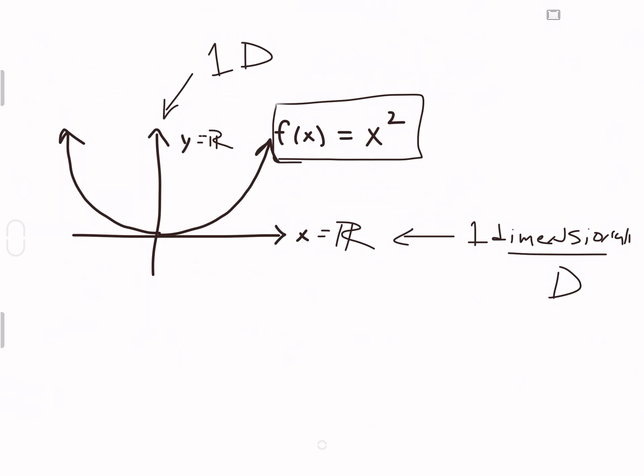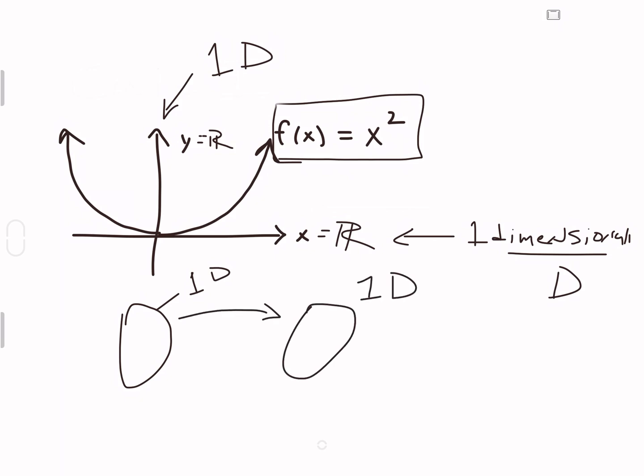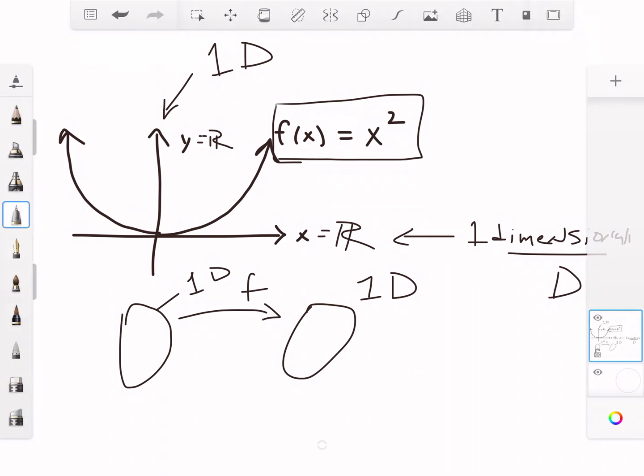So you can represent a function from one dimension into another one-dimensional object. The abstract way of looking at this is f from 1D to 1D, but there's no reason to look at it in the abstract. We can just graph it like we have in Calc 1 and Calc 2.